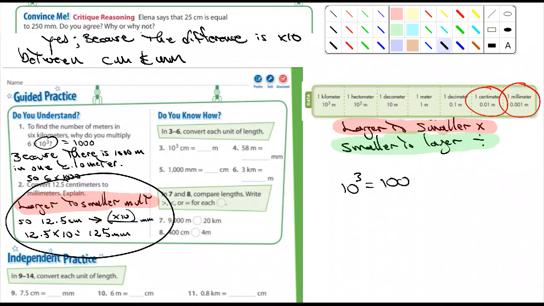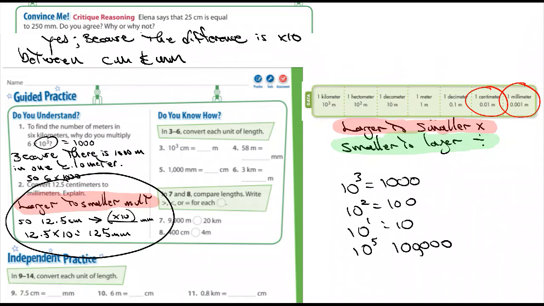You guys should know what these are. 10 squared is 100. Of course, 10 to the first is just 10. 10 to the fifth, that's going to be 5 zeros. 1, 2, 3, 4, 5. 100,000. And 10 to the fourth is 10,000. Just remember, you add those zeros.